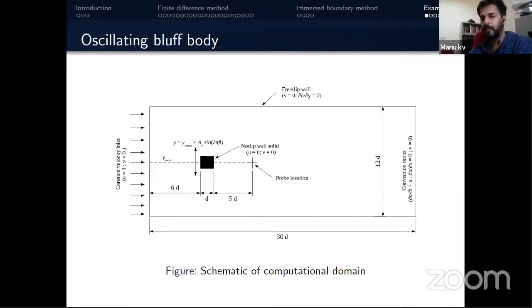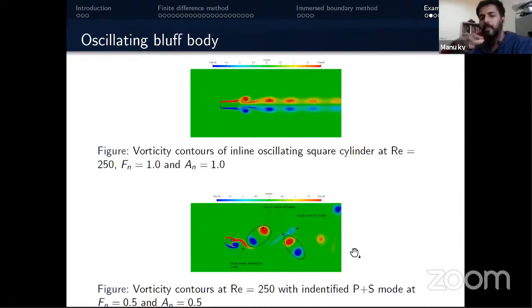Okay, so unlike a stationary case, the body is oscillating, and we selected the boundary condition, we solved the Navier-Stokes equation. Okay, so this is a schematic of the computational domain. Then, in this case, the body is moving. Okay, so in fact, unlike other cases, we can easily include the immersed boundary method part and apply the oscillation.